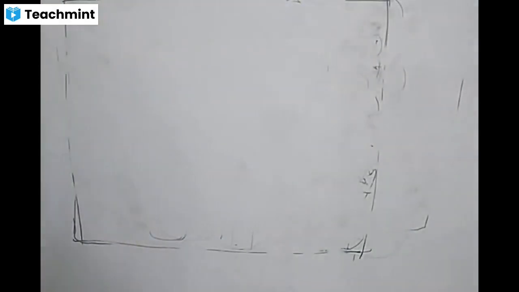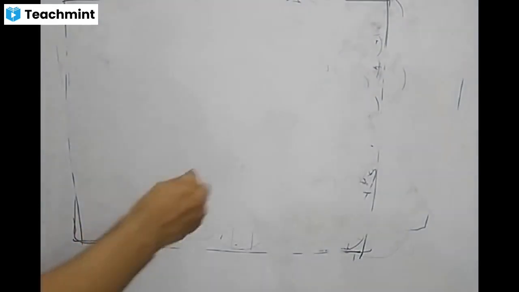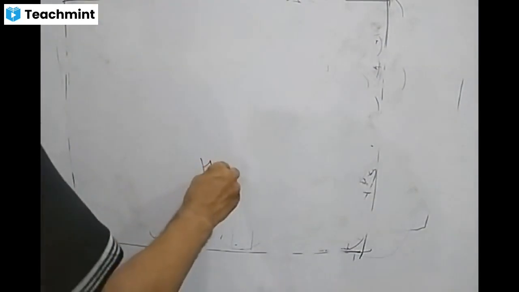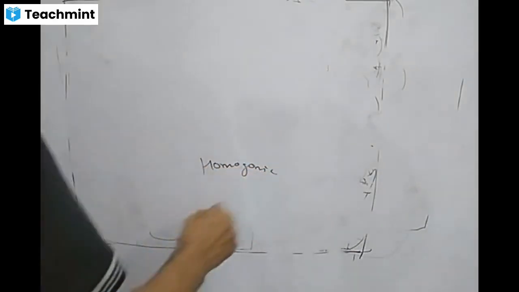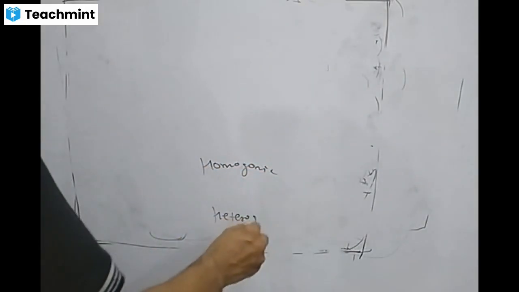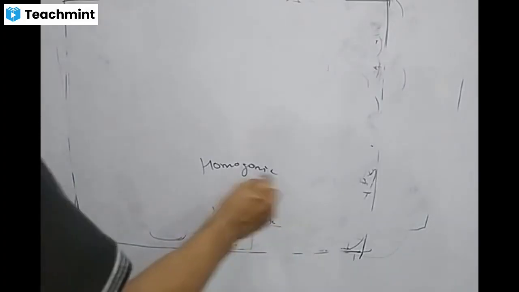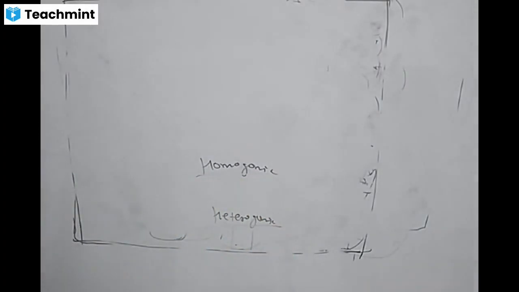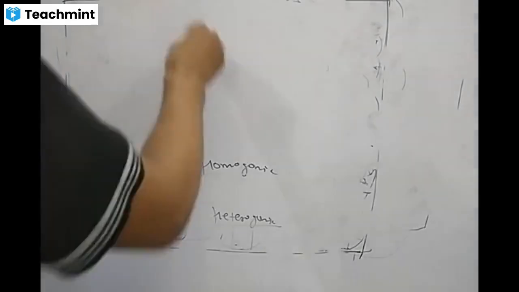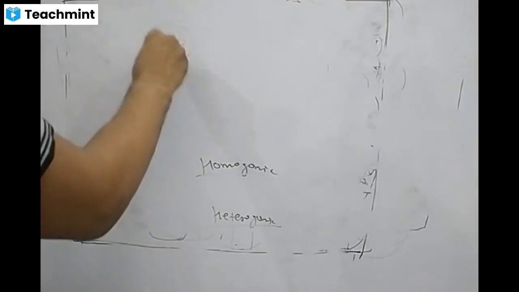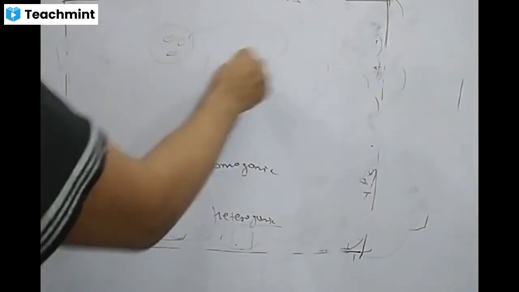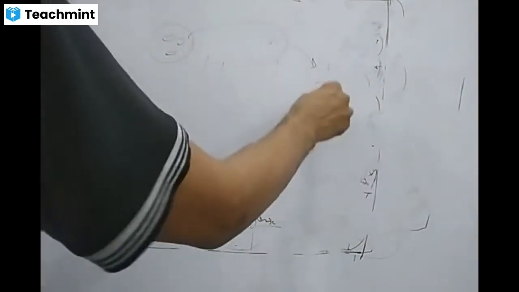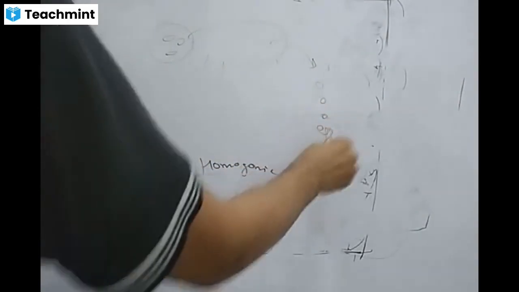In Strongyloides there are two types of cycle. One is homogonic and one is your heterogonic. That is very important. It means free living and parasitic forms are both present. Suppose this is your animal, and from the body of the animal what comes out? Egg.